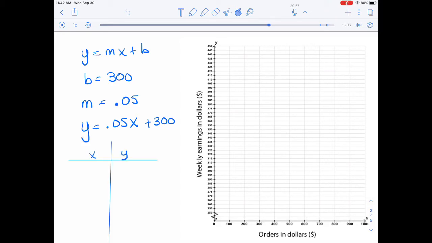If Miranda doesn't sell any groceries that week, in other words, 0 for x, then the amount of her weekly pay would just be $300. If she sells $100 in groceries, substitute 100 in for x, she would earn $305.